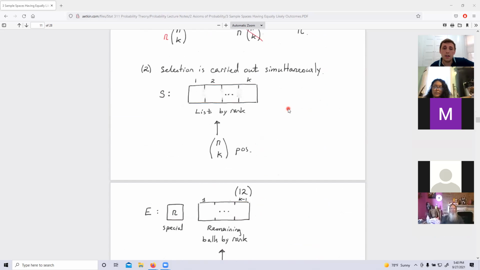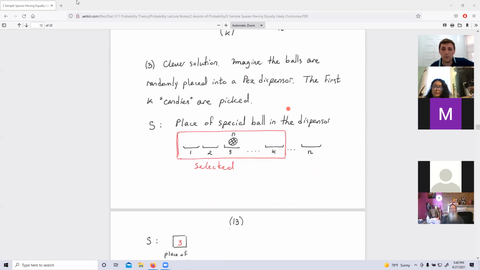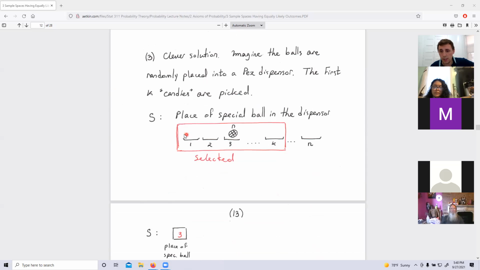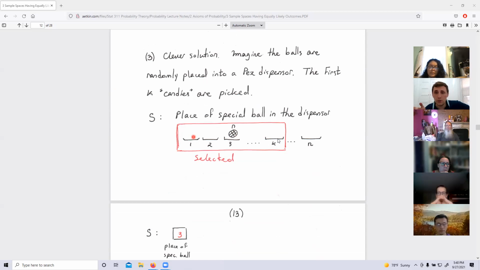And in the very last way we solved it, we realized we can simulate the situation as if it were a Pez dispenser, and all I have to keep track of is the location of the special ball in the first k places. So I completely ignored the selection or non-selection of other balls. Yes, guys, and the result is the same.